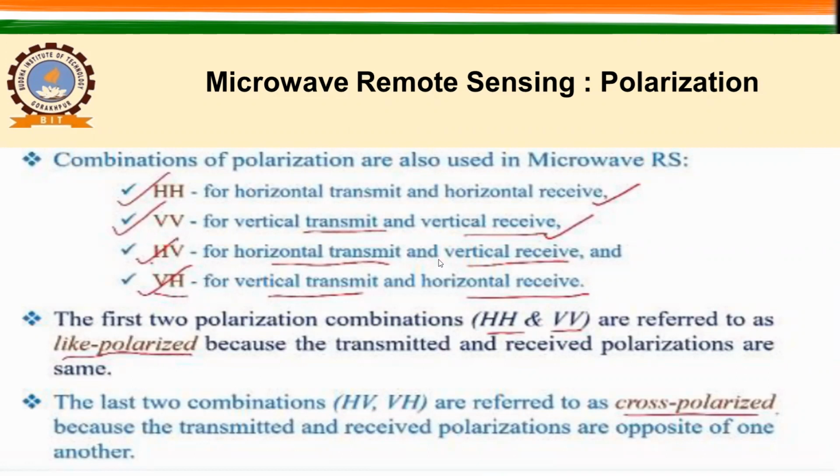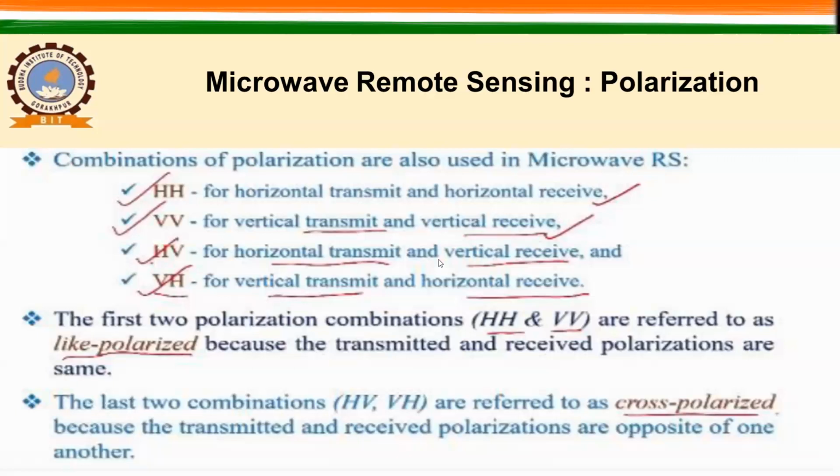HH means the transmitter is in horizontal polarization and the receiver is in horizontal polarization. The next one is VV, vertical transmit, vertical receive. In HV it is horizontal transmit, vertical receive. In VH, vertical transmit, horizontal receive. Here we are making use of this technology to extract the maximum information using microwave energies.